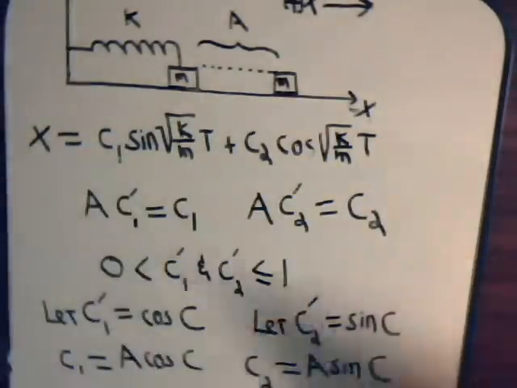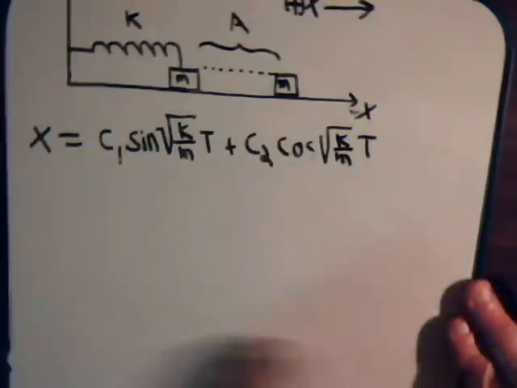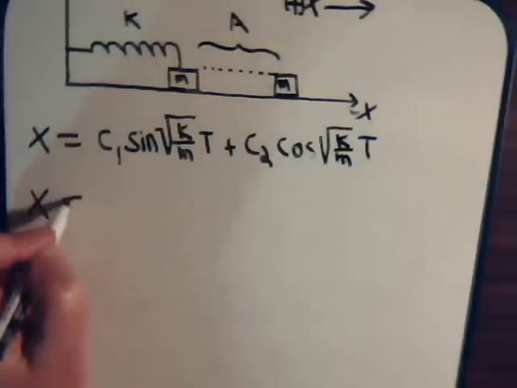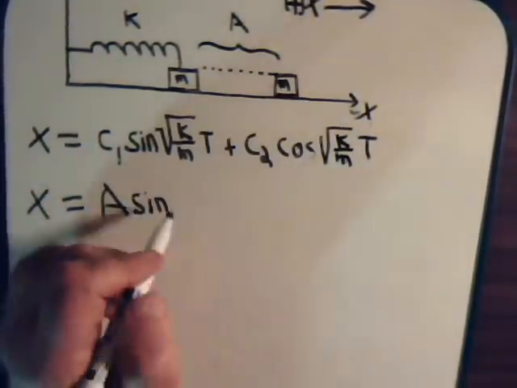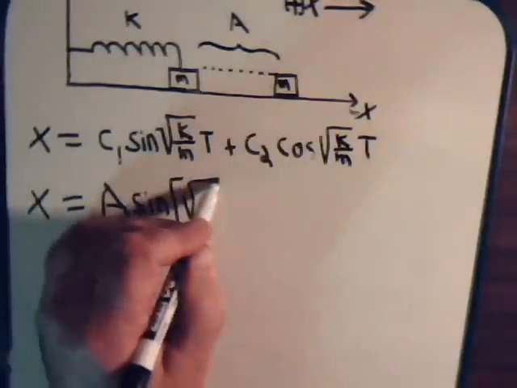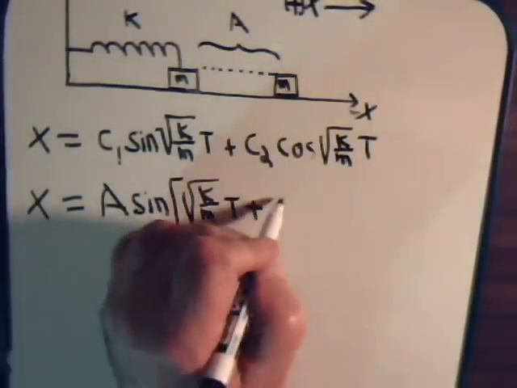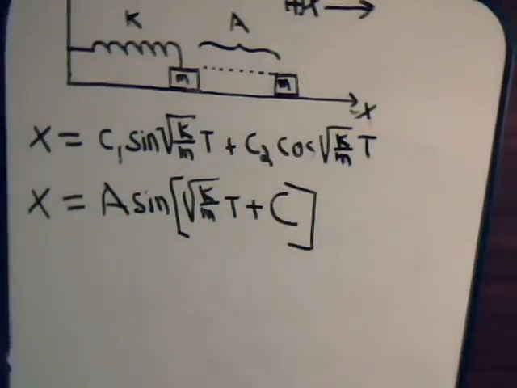Now let's look at one more aspect of this very quickly, to try to clarify something else. So we have x equals A times the sine of the square root of k over m times t plus C. And that's what we derived in the previous video.